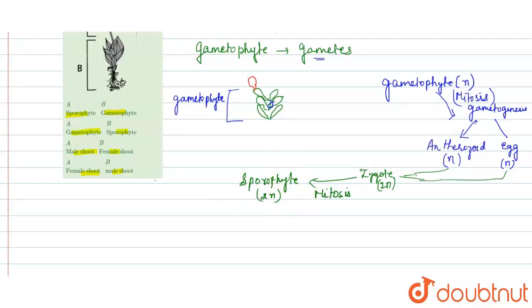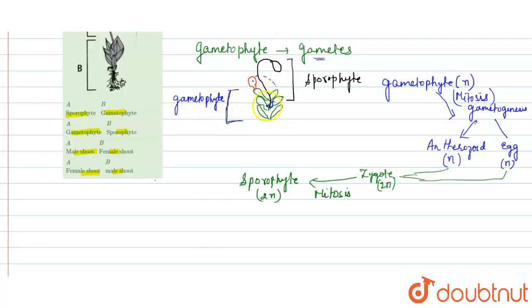If we look at the picture, when the fusion of gametes has taken place, the gamete has fallen onto this female part and combined with the egg, and from here the new part starts to develop like this. This part, from this round part till here, is known as the sporophyte structure, and the green part, as we have marked, is the gametophyte structure.